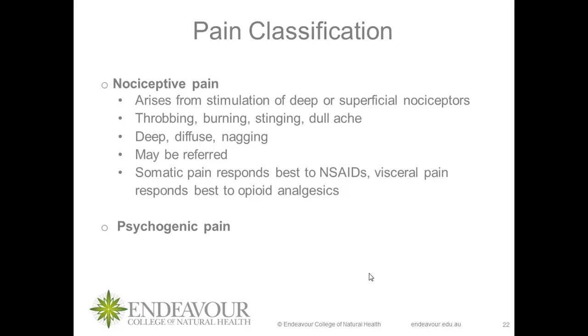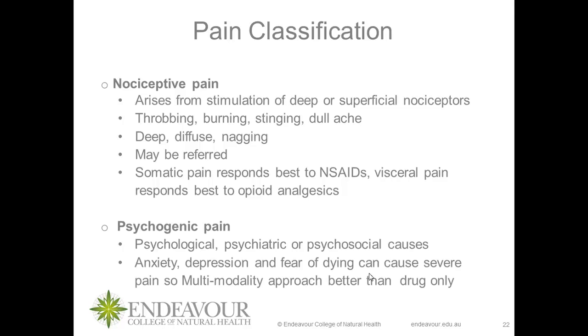So then it's important to consider psychogenic pain, pain where there is no chemical, where there is no nerve injury. Its cause is psychological, psychiatric, or psychosocial, because remember we said isolation can affect how a person tolerates pain.